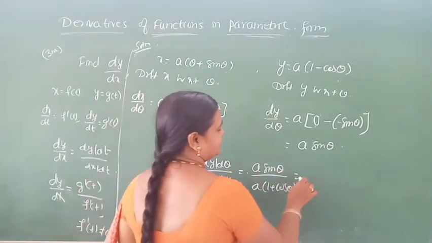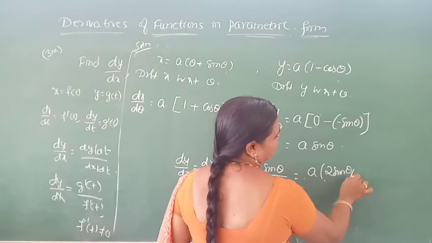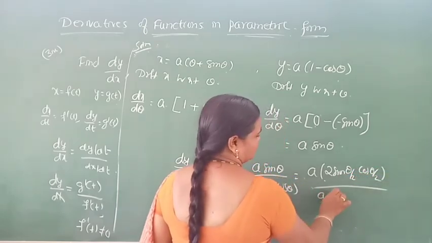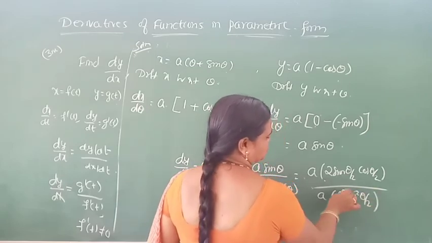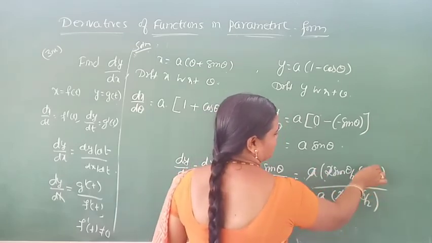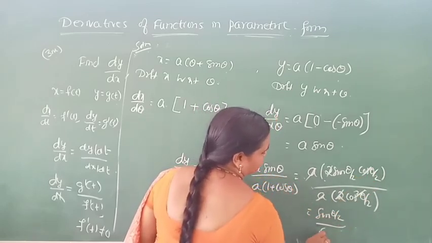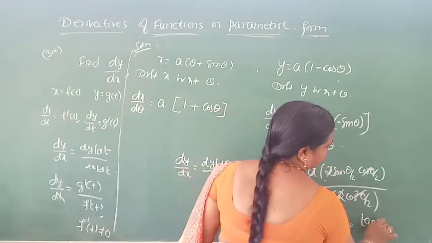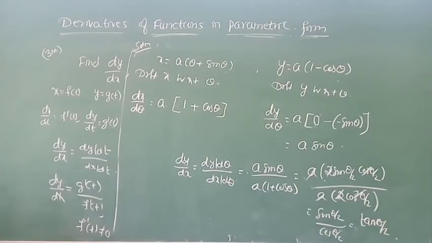We can write sin theta as 2 sin theta by 2 cos theta by 2, and 1 plus cos theta can be written as 2 cos squared theta by 2. The 2 and cos theta by 2 get cancelled, left sin theta by 2 divided by cos theta by 2. We get the answer: tan theta by 2. This is how you can get the answer.